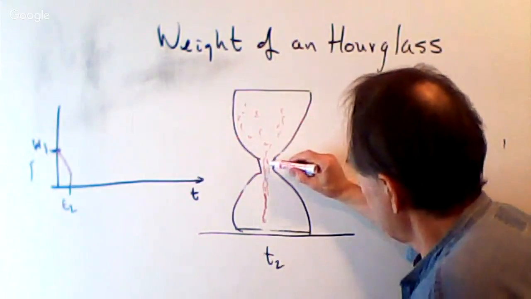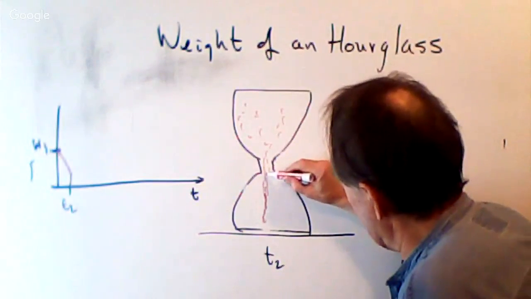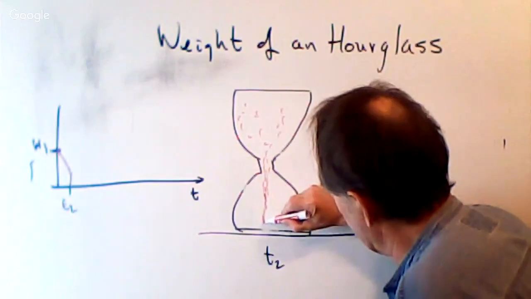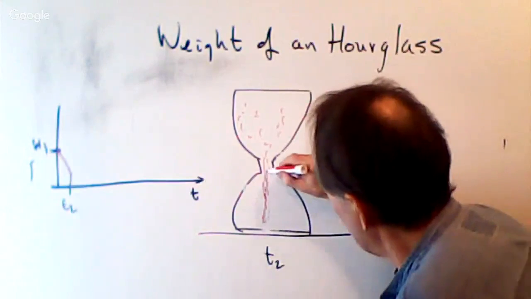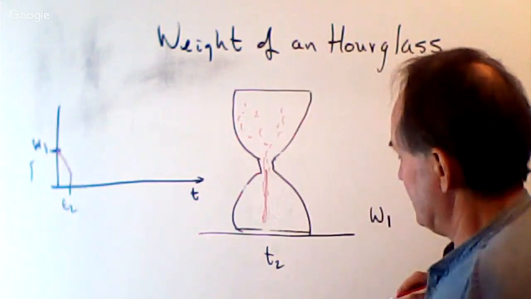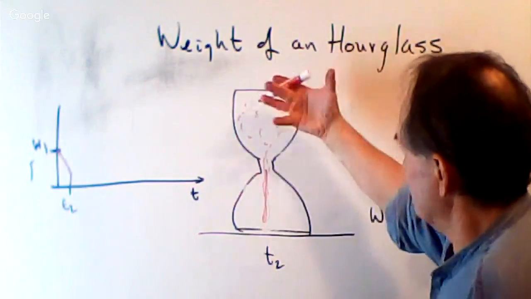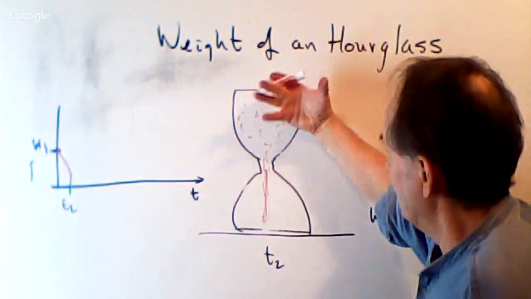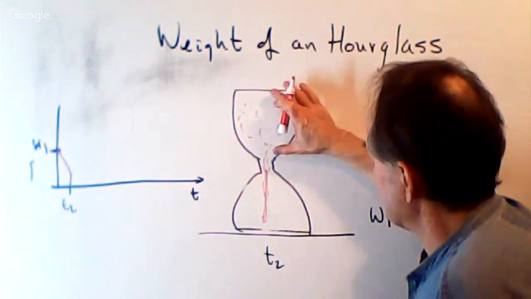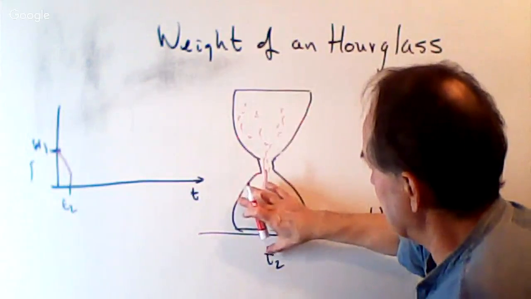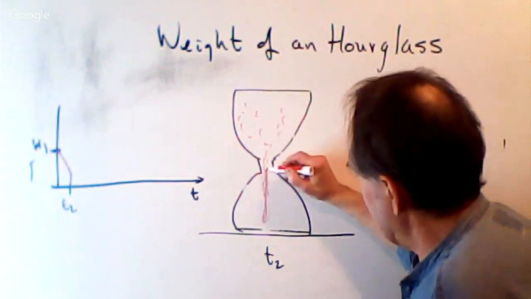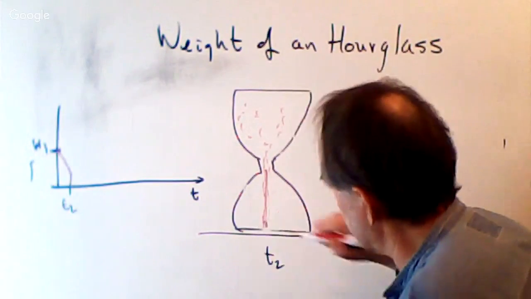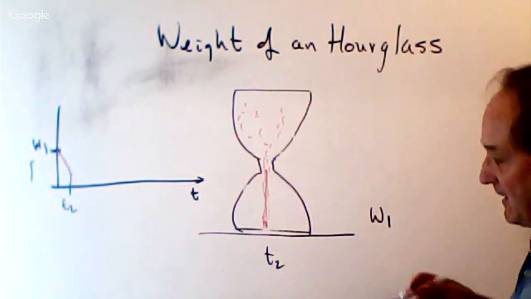One, the grains of sand gain velocity as they're falling down, and they're gaining momentum and kinetic energy. There's some potential energy. When we flipped it over, the sand up here has more potential energy than it did down here. And now the sand is falling. It's gaining kinetic energy.